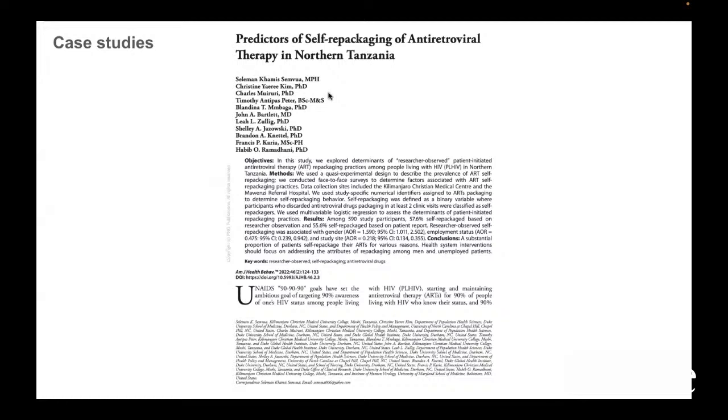Somebody in the pharmacy dispensed the medication to the patient, and then they observed whether the patient repacked it or not. Once the patient came back for the second clinic visit, there was a consecutive observation to see whether the patient repacked or not. So this is a quasi-experimental design.